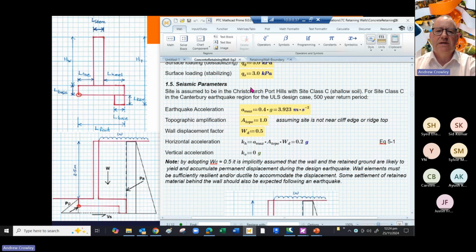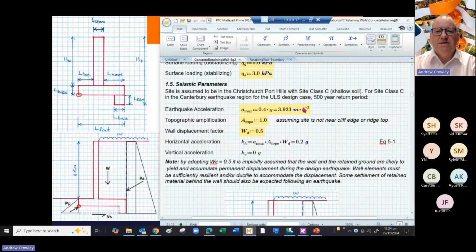Now looking on to the seismic parameters. This example is based in Christchurch, and most of the examples in that MBIE guidance are taken from Christchurch. So it's assumed it's Class C soils, and you're looking at a 500-year return period.